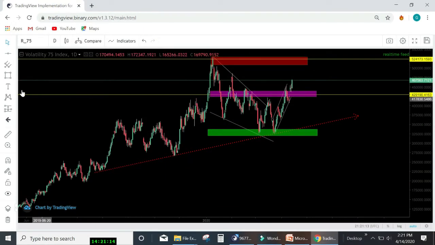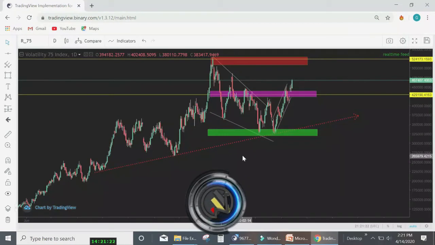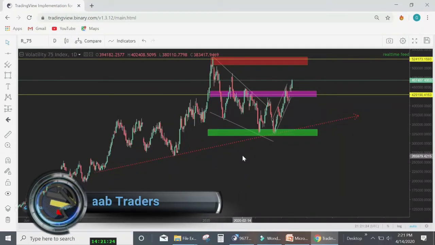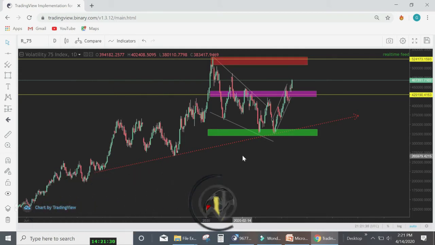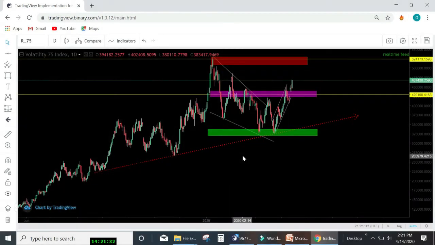In other words, we can say it moves in double tops and double bottoms as a pattern. And I also said VIX 75 is one of the best volatilities of all, because there is a big difference that I will explain in the next video.